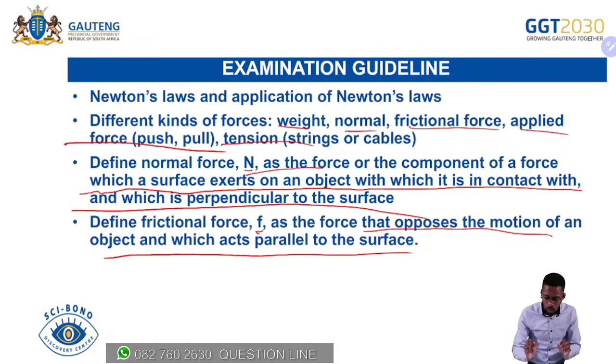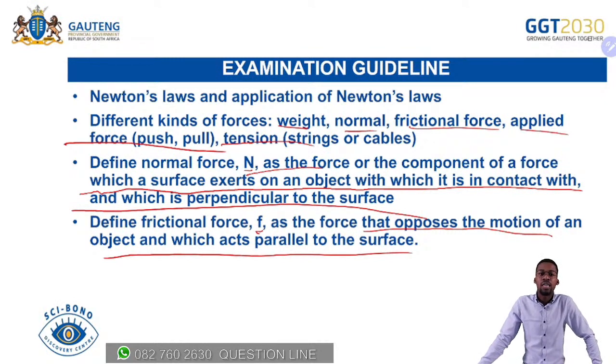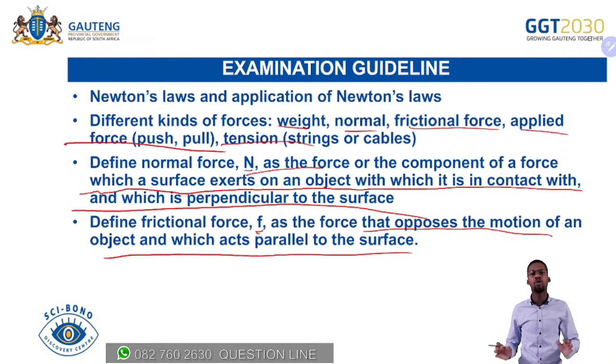And there's a reason why they say it acts parallel to the surface. Most of the time from your exam, you'd see this statement that says ignore air resistance, more especially if you project an object vertically. And we know that when the object goes up, there's some air resistance applicable to that object.